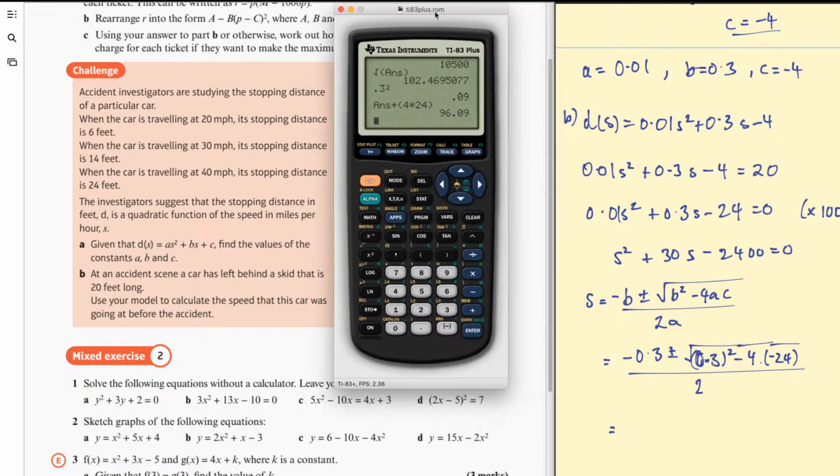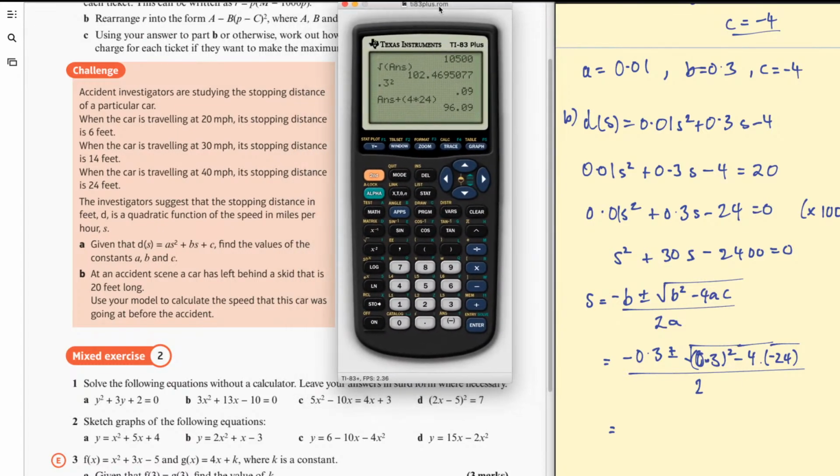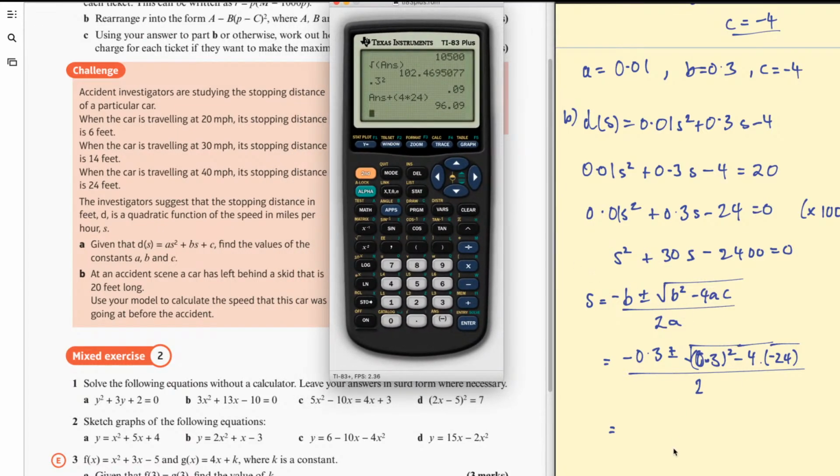Okay, there's not going to be a neat way to do this, I guess. And this has to be a positive because we can't have a negative speed, so we're only using the positive root. I thought maybe it'd simplify to a nice surd or something.